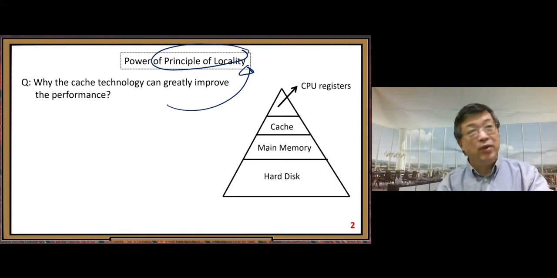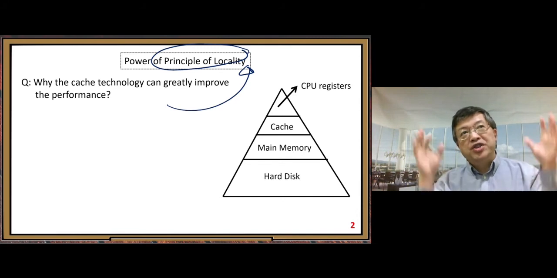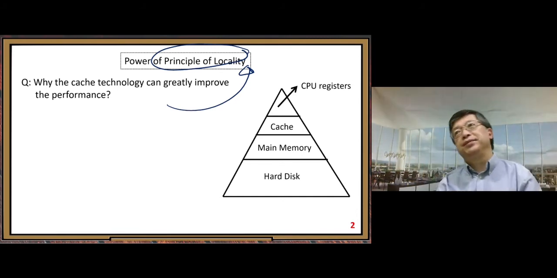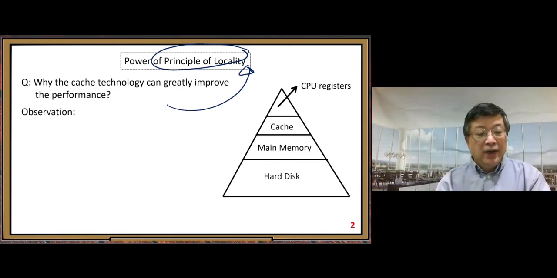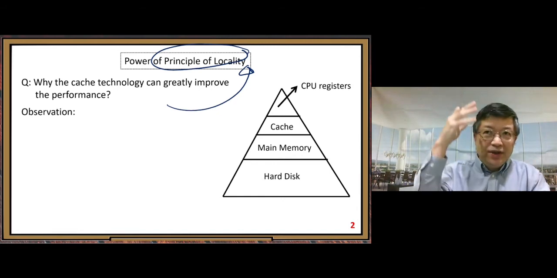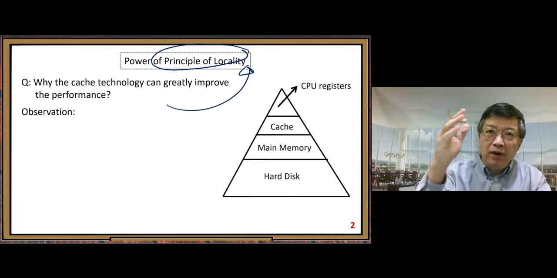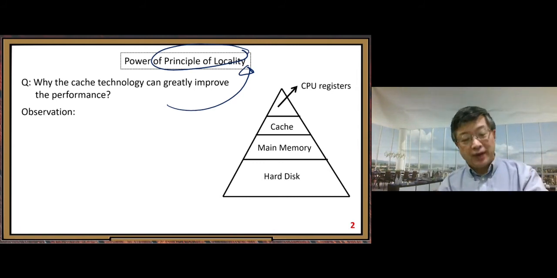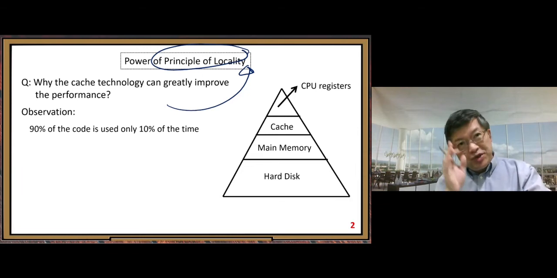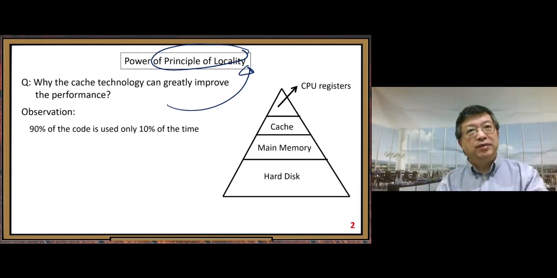So here we do not expand on that. Here we just use it directly. Observation. Now we use its main property. So what's that? We observe this property.